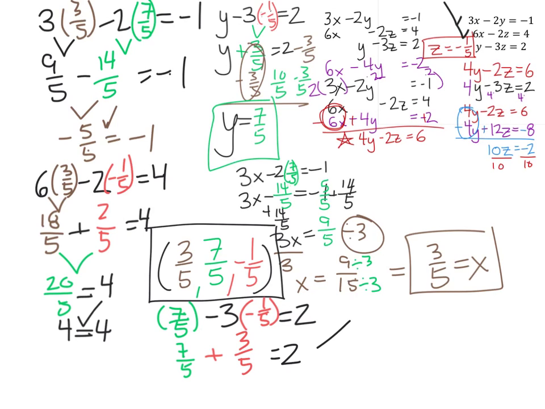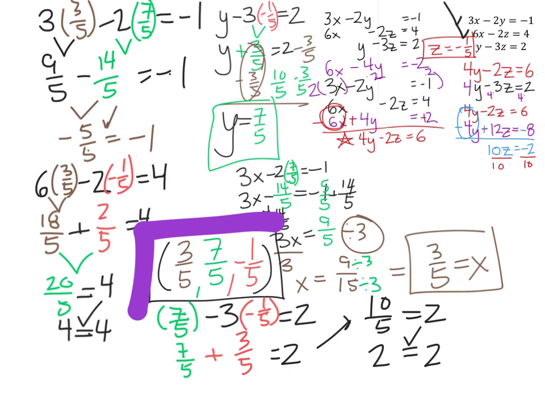So moving our work over here, 7/5 plus 3/5 would be 10/5. That needs to equal 2. 10 divided by 5 is actually 2. So this one checks off as well, you guys. So it looks like the answer that we had found in the beginning actually is going to be this 3/5, 7/5, and -1/5. Alright, so we checked that off.